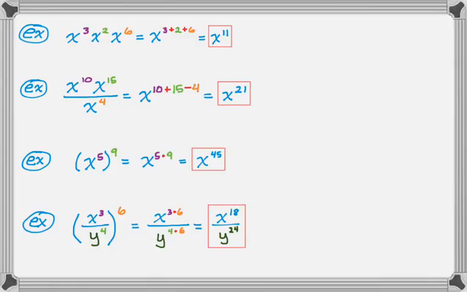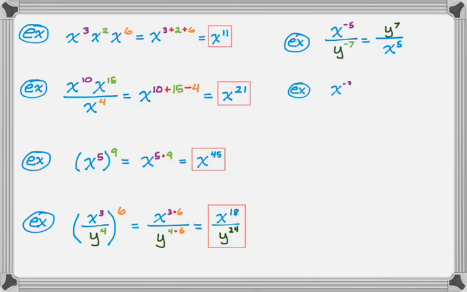So we have x to the 18th over y to the 24th. If we just have x to the negative 5th over y to the negative 7th, they're both kind of in the wrong place, you might say. So the x is going to drop down to the denominator with a positive 5 as its exponent, and the y is going to move up to the numerator with a positive 7 as its exponent.